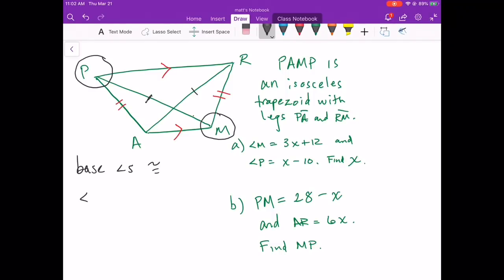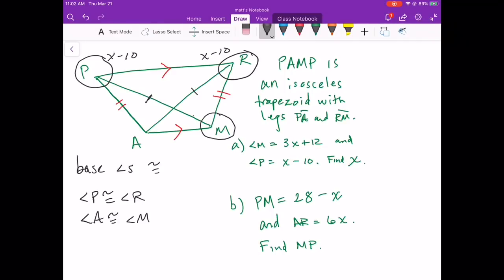So that means angle P is congruent to angle R, and angle A is congruent to angle M. All right, so we can add that in there. So I know that even though M and P are not the same, if angle P is x minus 10, then angle R is automatically x minus 10.